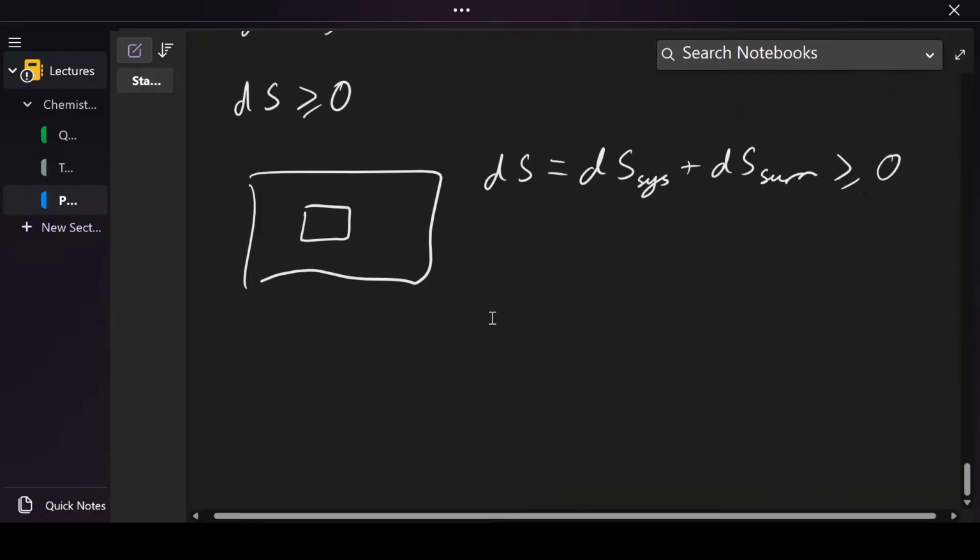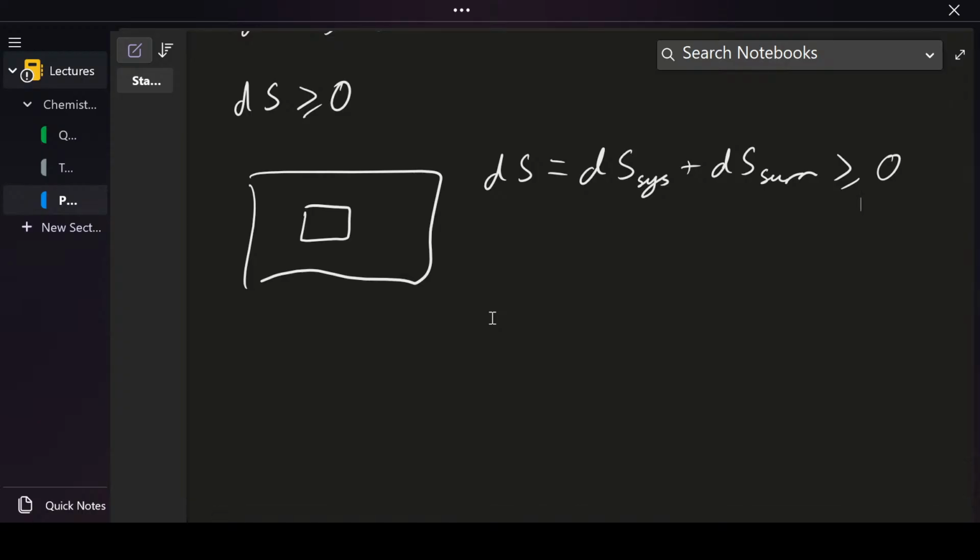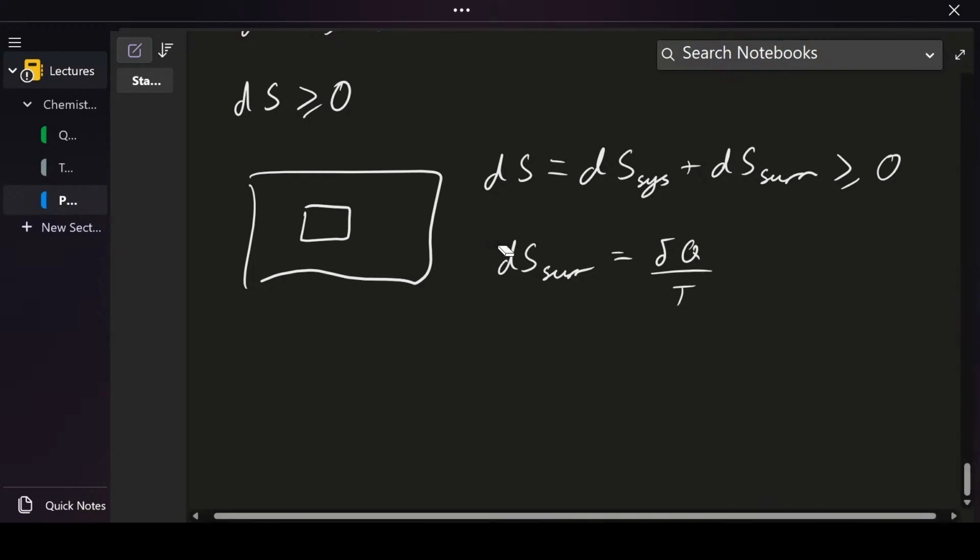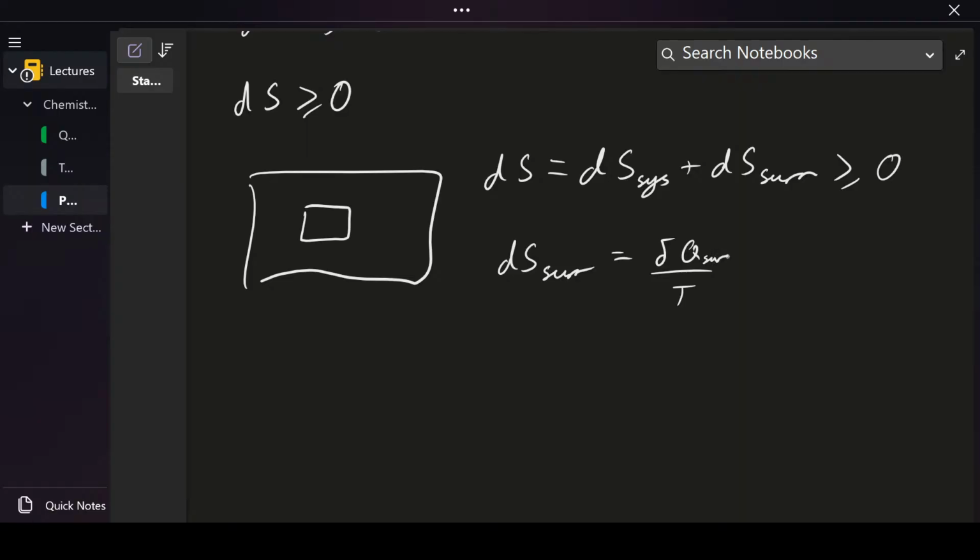And now, assuming I'm working at constant pressure and temperature, first of all, I'm going to say that dS of my surroundings is going to be equal to, a reminder that TdS was equal to delta Q, and so dS is going to be delta Q over T of my surroundings.